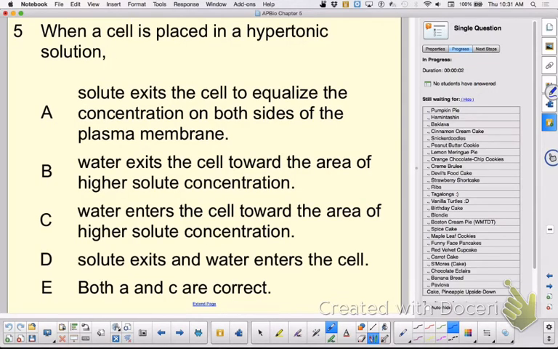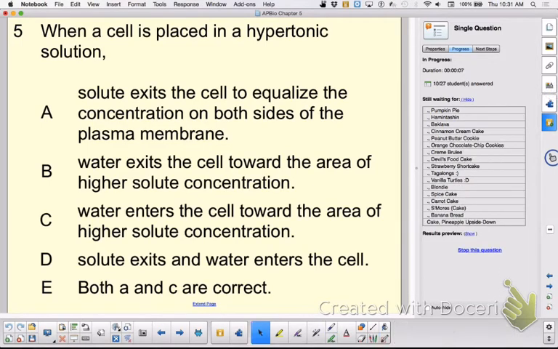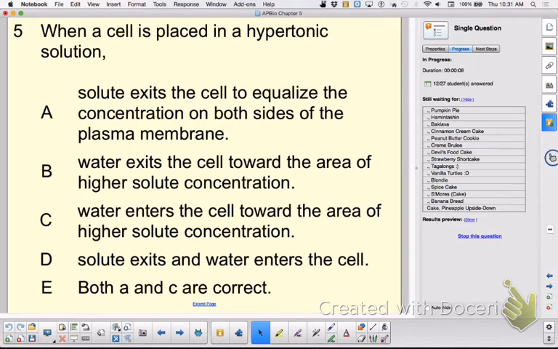Sometimes it's a good idea to draw it out so you can imagine it.